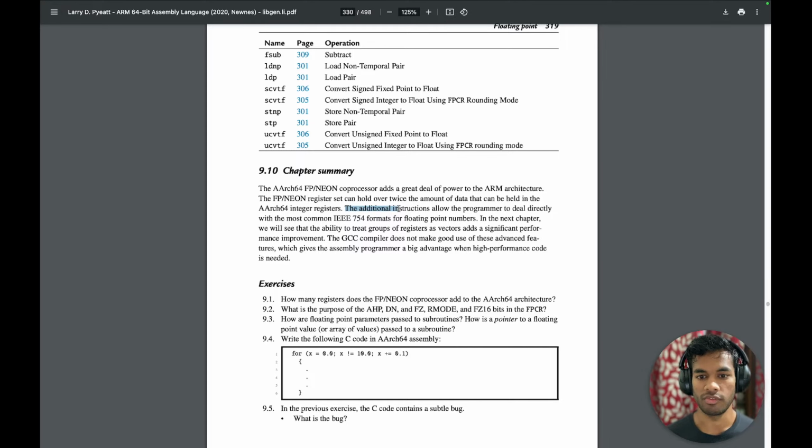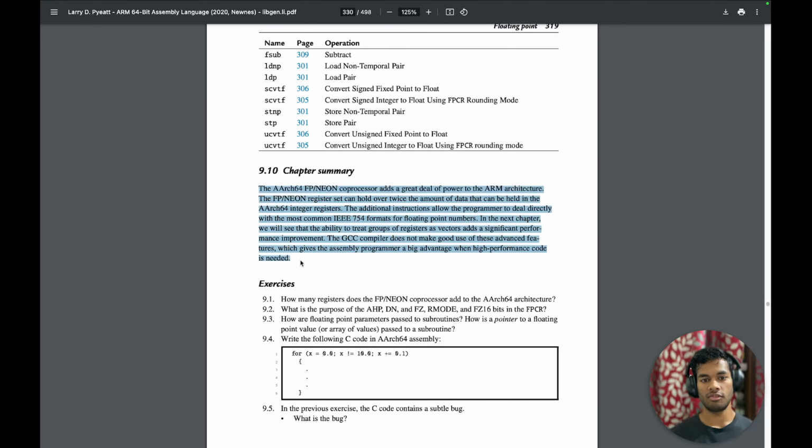The additional instructions allow the programmer to deal directly with the most common IEEE formats for floating point numbers, that is single precision, double, and quad. In the next chapter, we will see that the ability to treat groups of registers as vectors adds a significant performance improvement. The GCC compiler does not make good use of these advanced features, which gives the assembly programmer a big advantage when high performance code is needed.